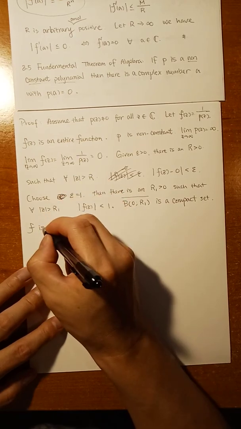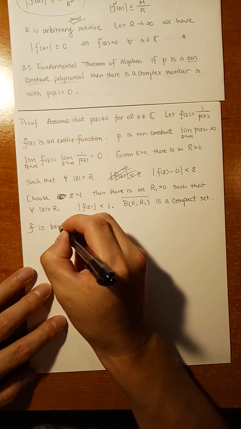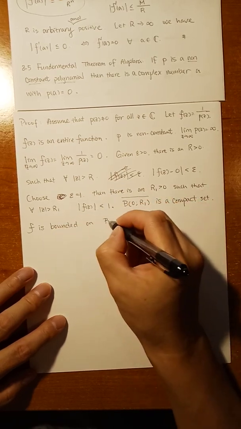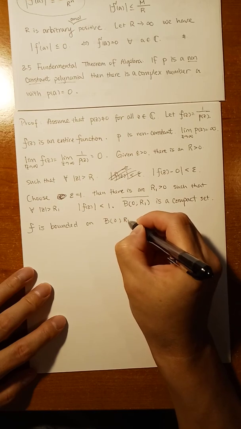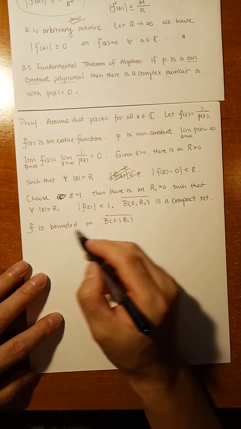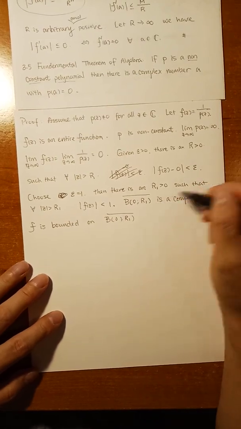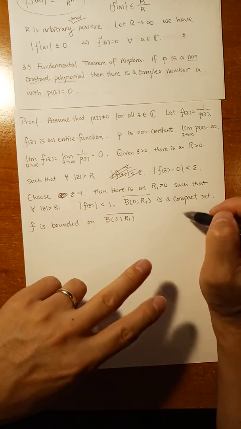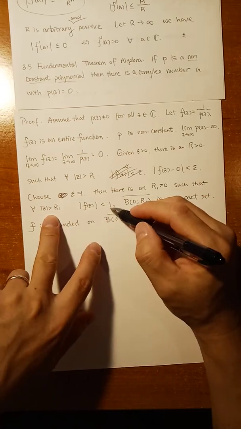F is bounded on the closure of B0 R1. All continuous functions are bounded over a compact set. And it is also less than 1 when it's outside.